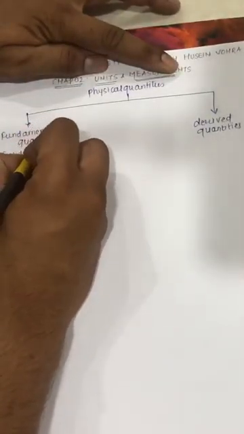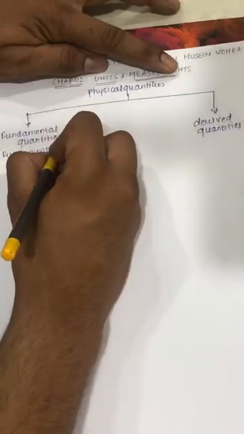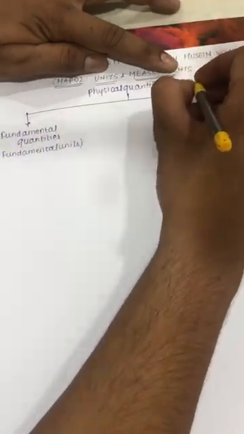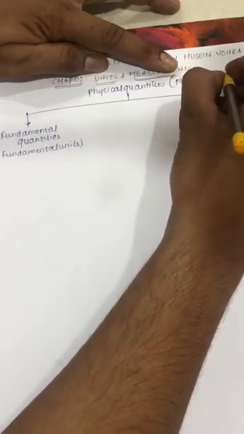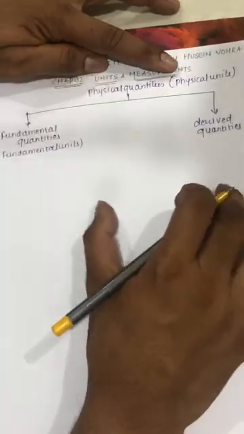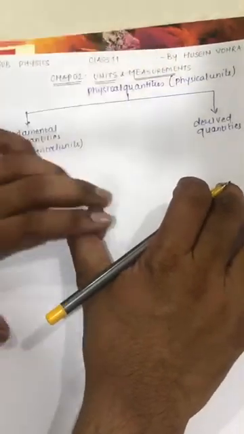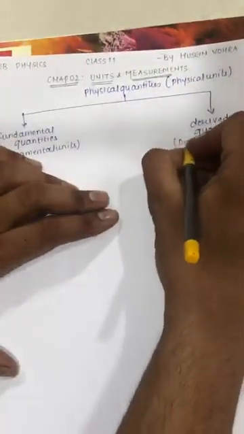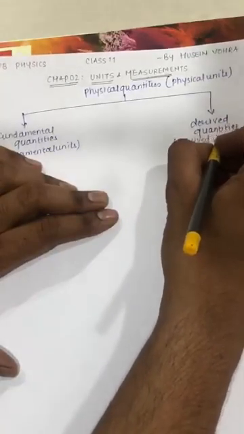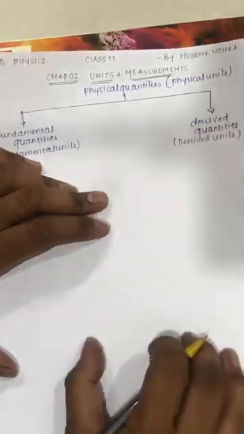So for fundamental quantities you have fundamental units. For physical quantities you have physical units. There are two types of physical units. The very first is fundamental units and the second is derived units. The name itself suggests what fundamental units and derived units are.